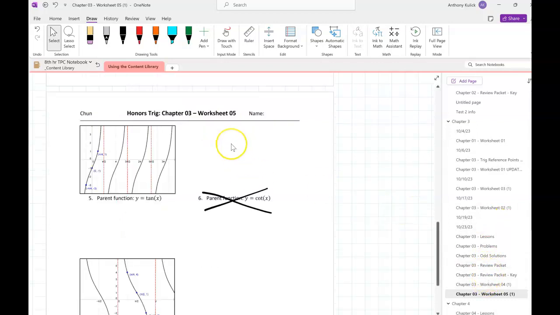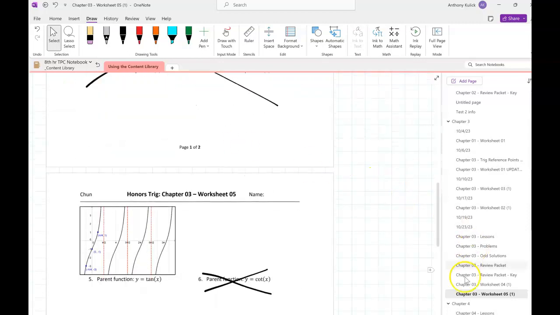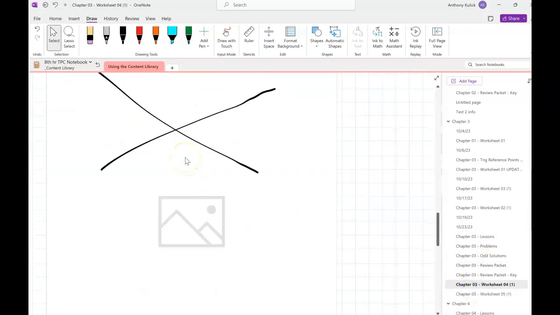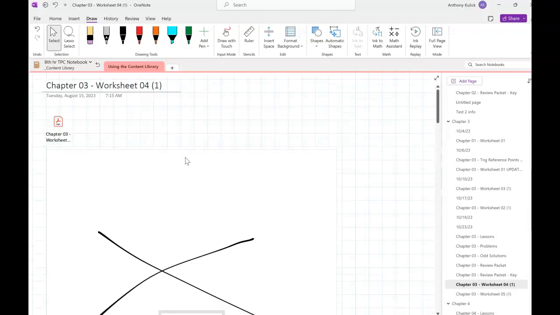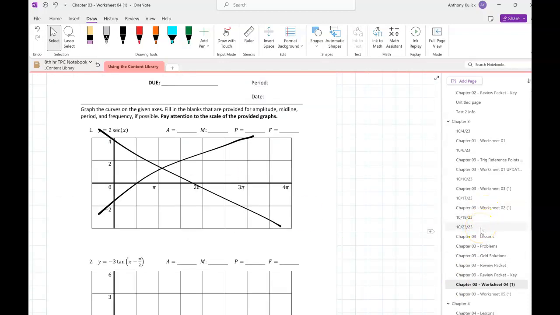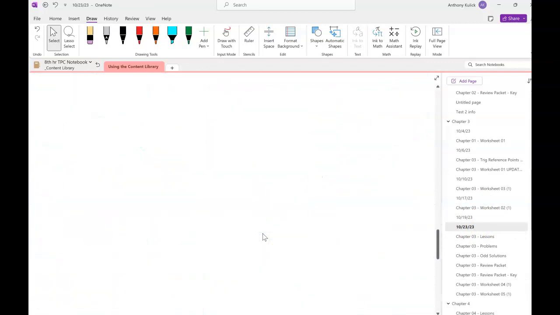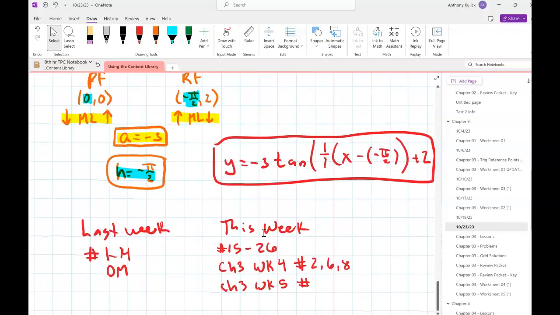So you notice I went through and X'd out the stuff that I don't want you to do on these worksheets, if you're looking in the content library now. I X'd out all the problems I didn't want you to do.